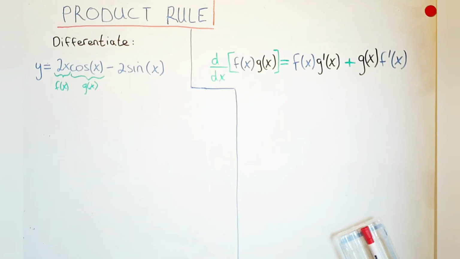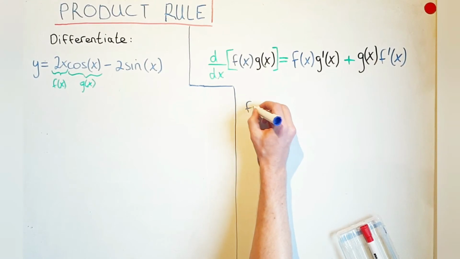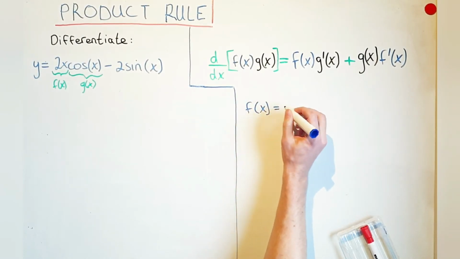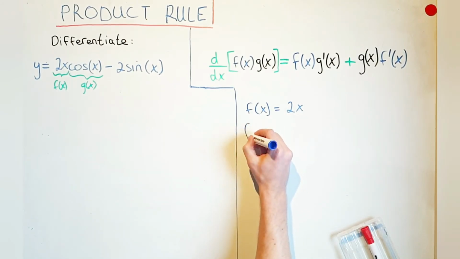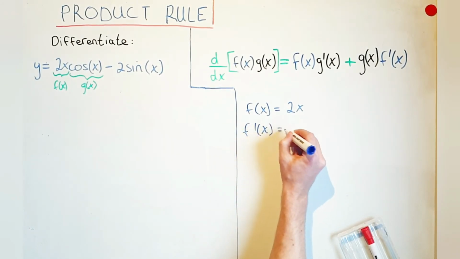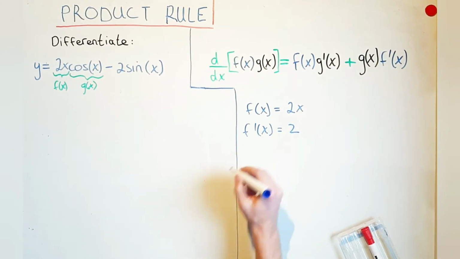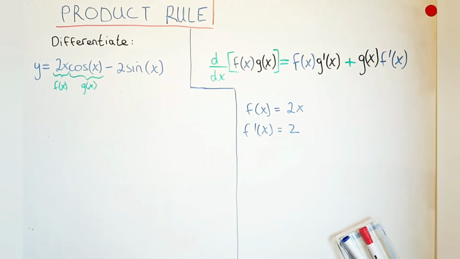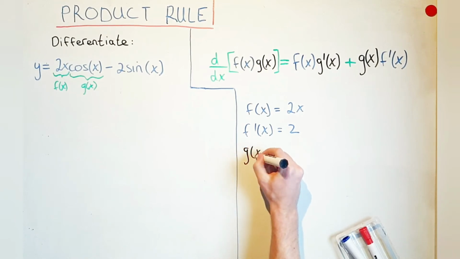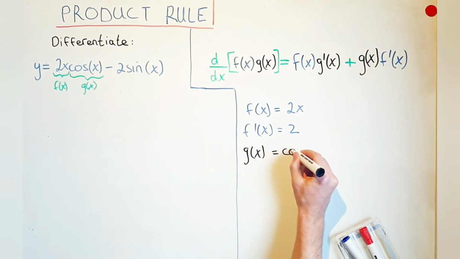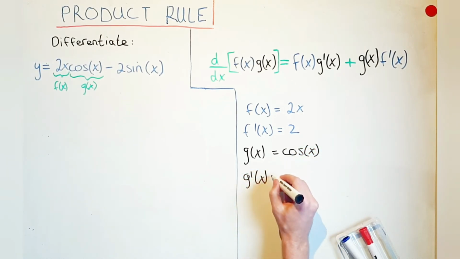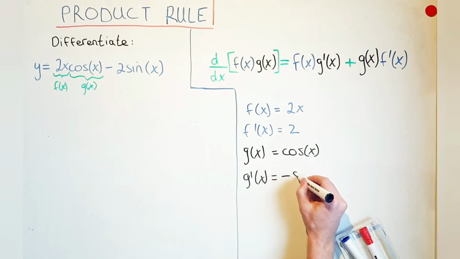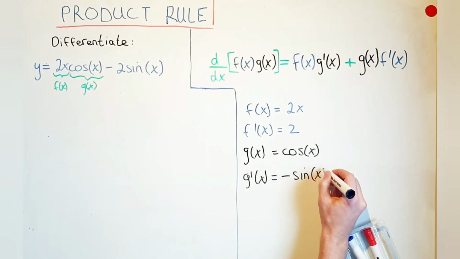So getting into this example, we're going to write out our f of x here to be 2x, and then that differentiated we know is going to be 2, and then our g of x we know is cosine x, and our g prime of x, cosine differentiated, is minus sine of x.